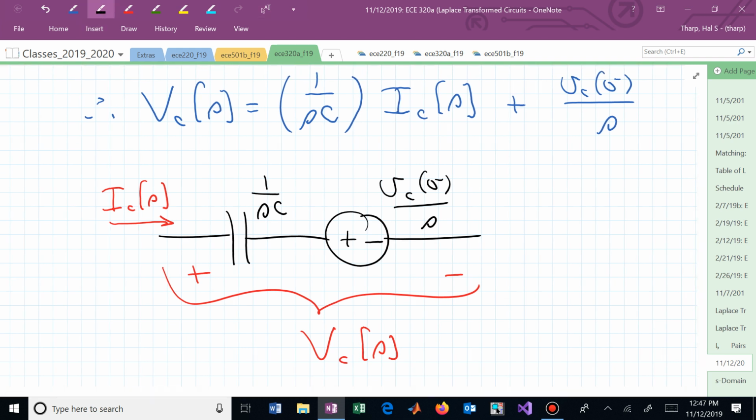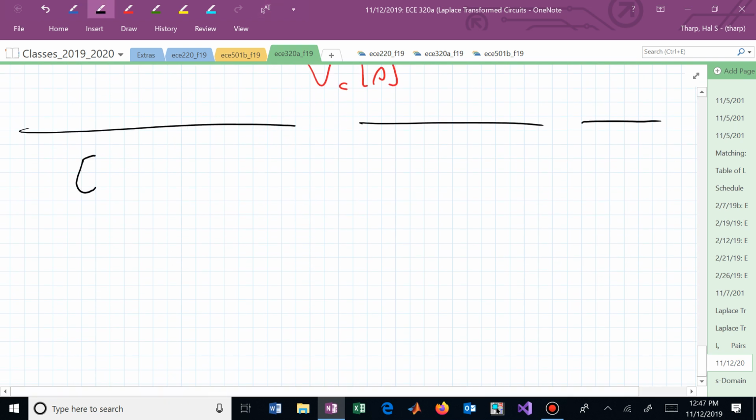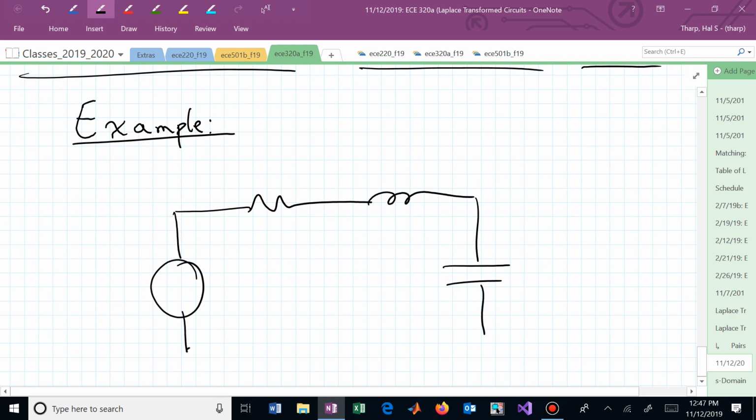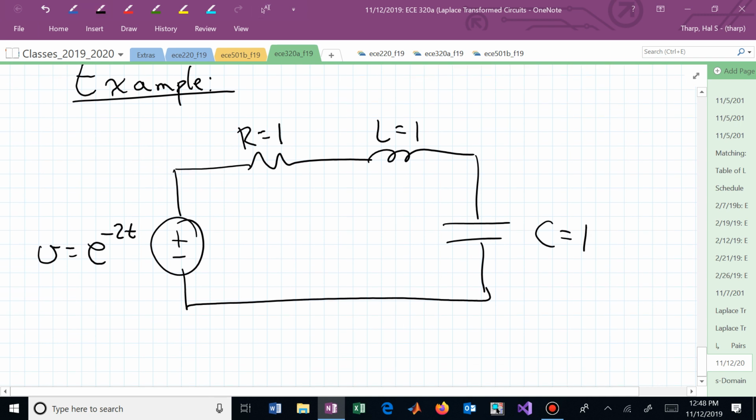Let's work some examples with this information. So suppose we are given the following circuit. And this morning in class I said I was numerically challenged this morning, and I'm staying that way.